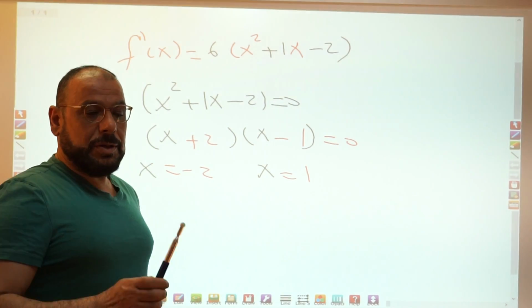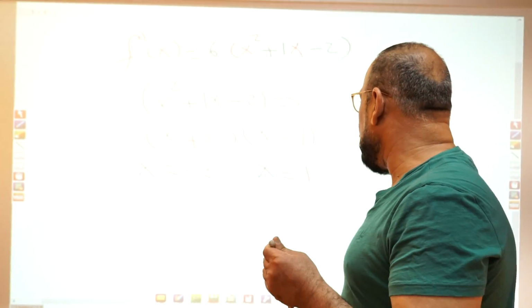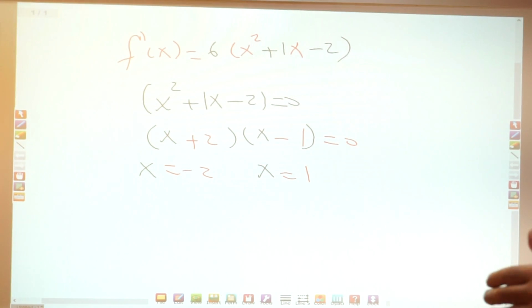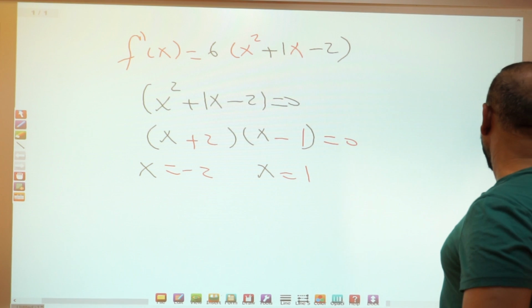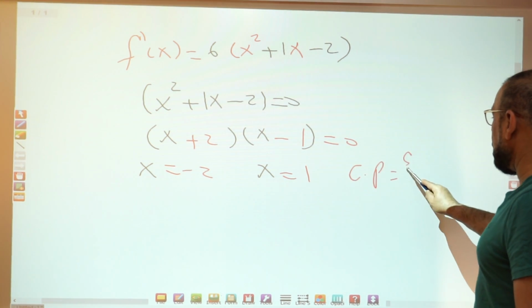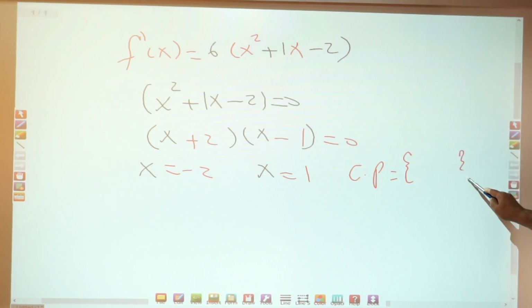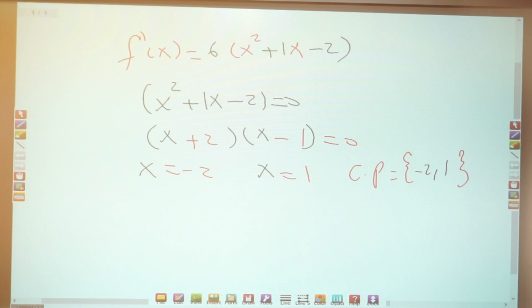Good. Then we have two values. We have to deal with these two values on the number line. This is my critical point, CP, I'm writing here, CP equals, using this type of parentheses, negative 2 and 1.